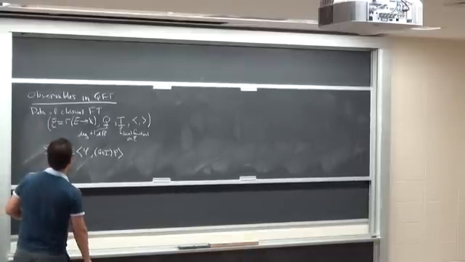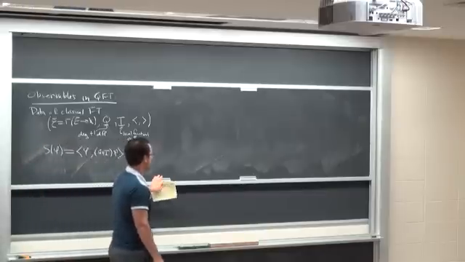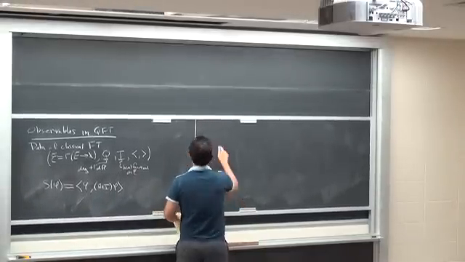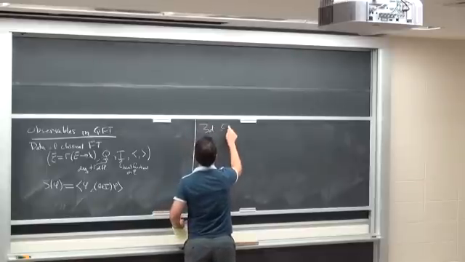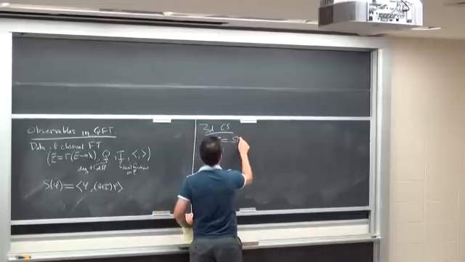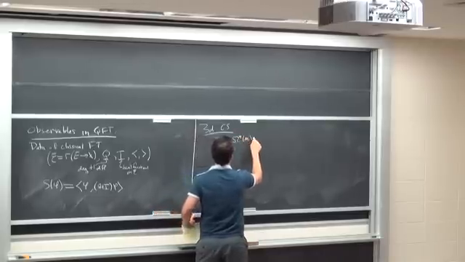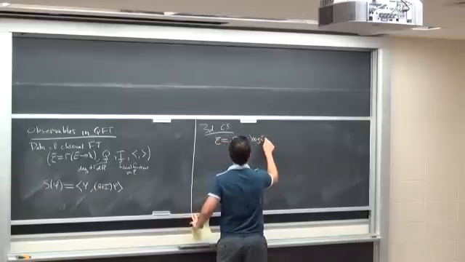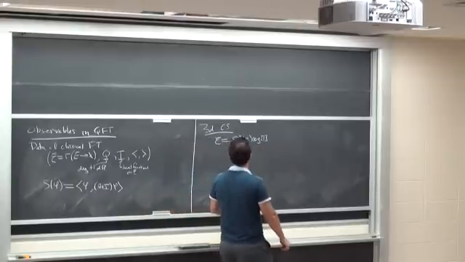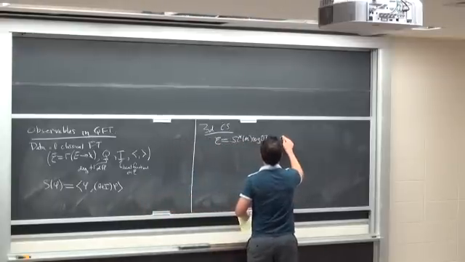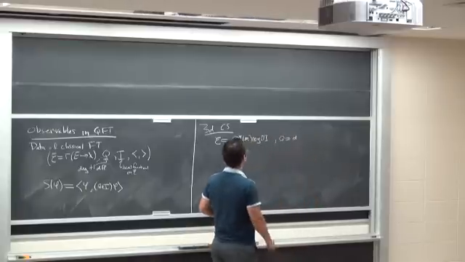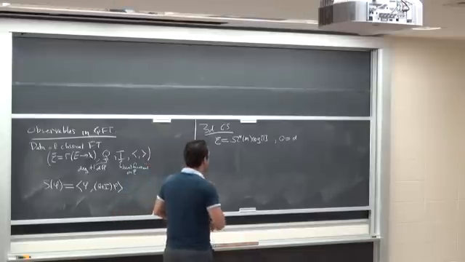In the example that Kevin alluded to this morning, 3D Chern-Simons theory, our fields were something like forms on a 3-manifold with values in a Lie algebra, and this gets shifted. Q was just the de Rham differential. And what should I be?